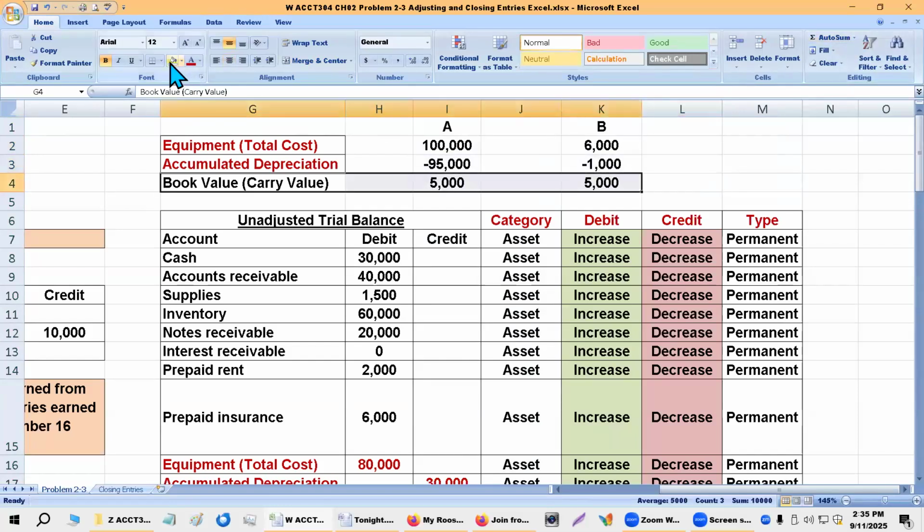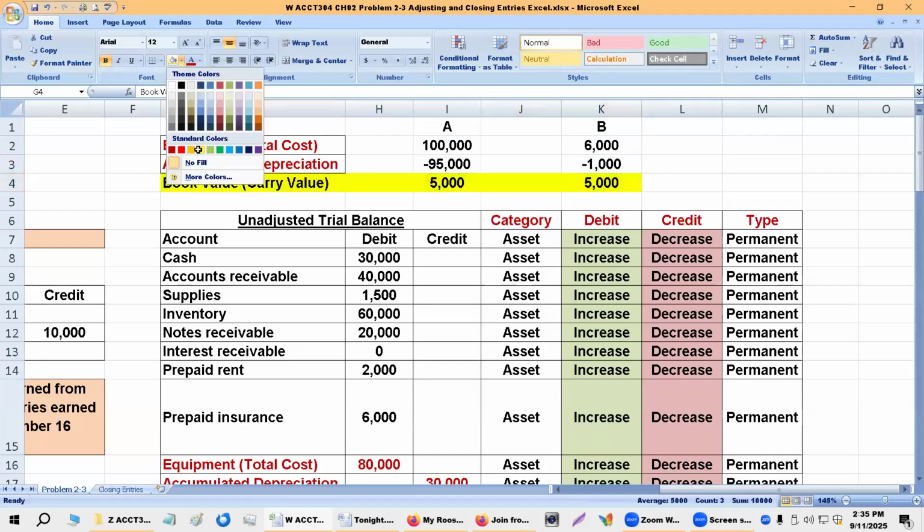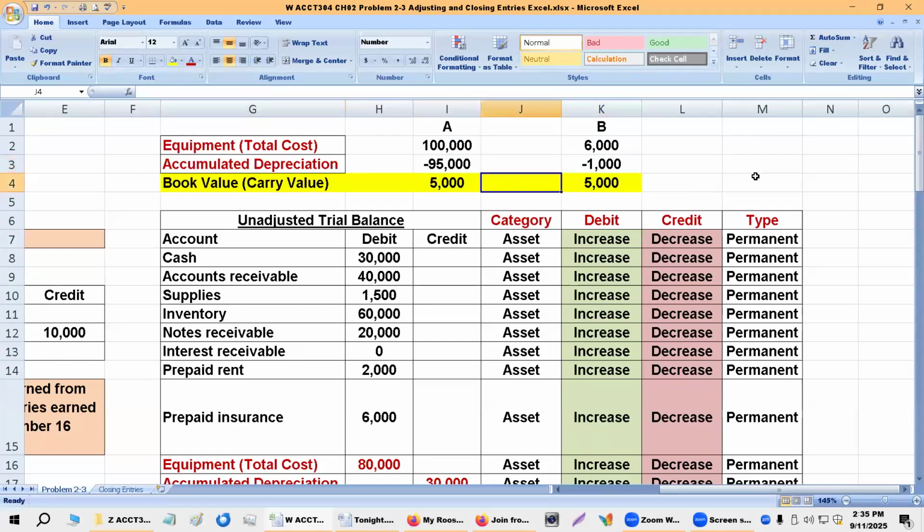So the carry values for these two are equal, right? They're both 5,000. Now, if we were just using the equipment account, they would look exactly equal. The carry amount would be 5,000.